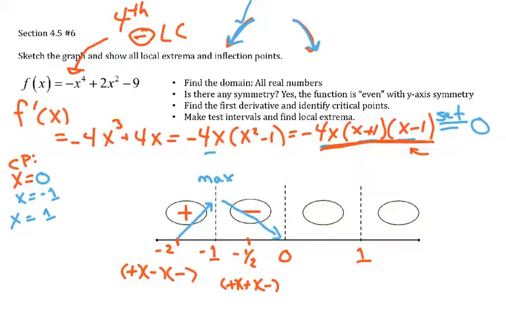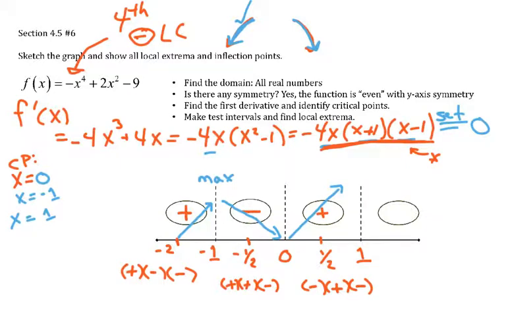We can see that. Okay, now let's test positive 1/2. Put that in the first factor, it will be negative this time. Second factor is positive. Third factor here will be negative. So overall, my derivative is positive and my original function is increasing.